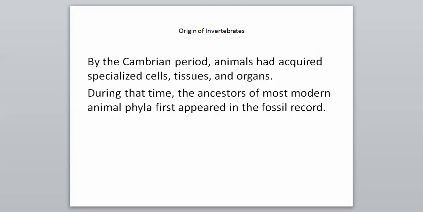It has shown us that by this period our animals had specialized cells, tissues, and organs. And during that time, the ancestors of most animal phyla first appeared in the fossil record. So in this time, really a big explosion of diversity, and all the animals that we know today, their ancestors can be traced back to this time period.